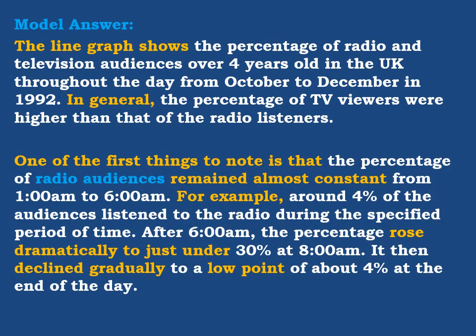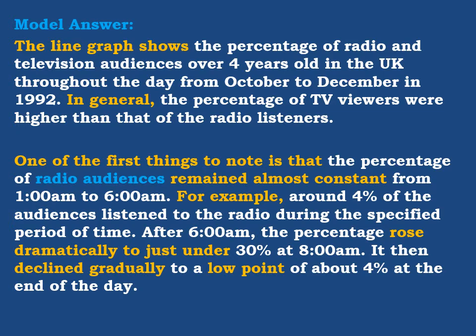Now, let's see the first body paragraph. And here, because we are talking about two different things, radio and television, it's better to separate the paragraphs. To talk about one thing in one paragraph, the other thing in the next paragraph. So here in the first paragraph, we will talk about radio audiences.